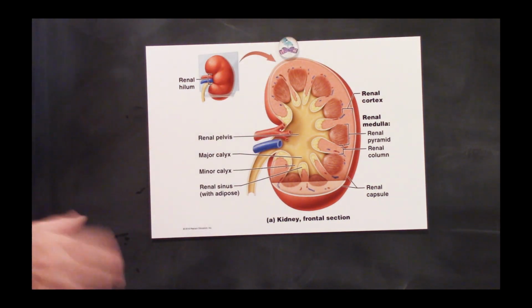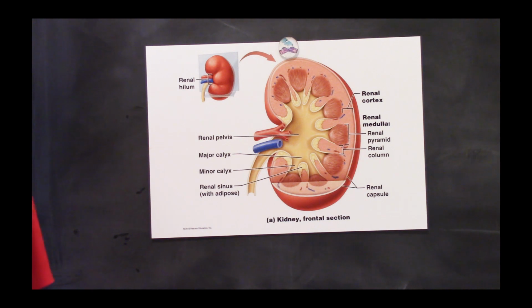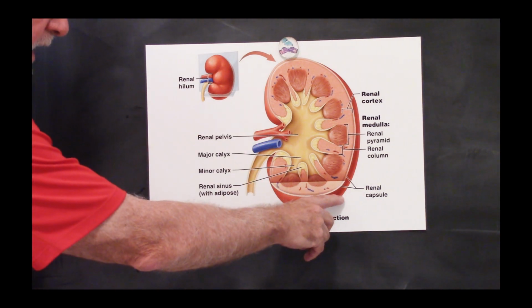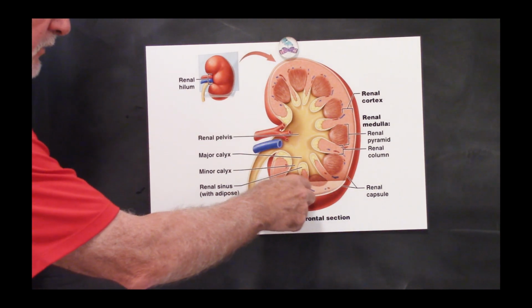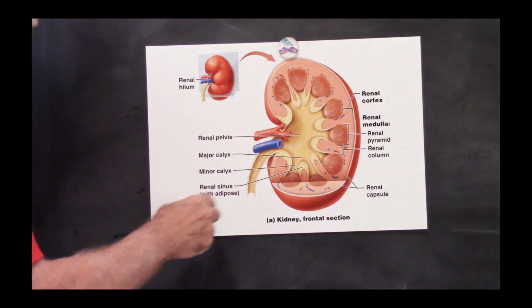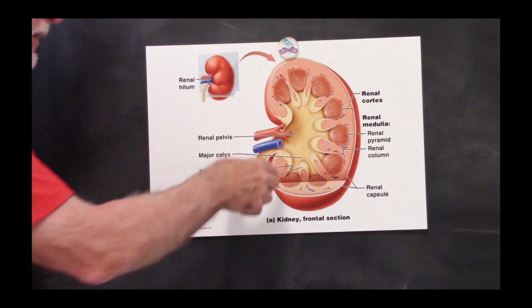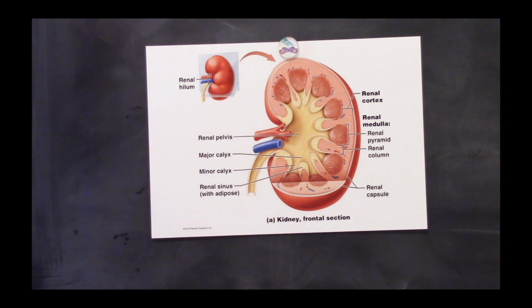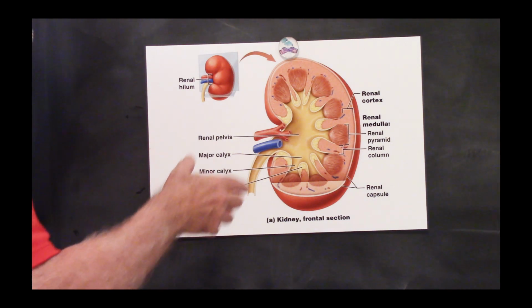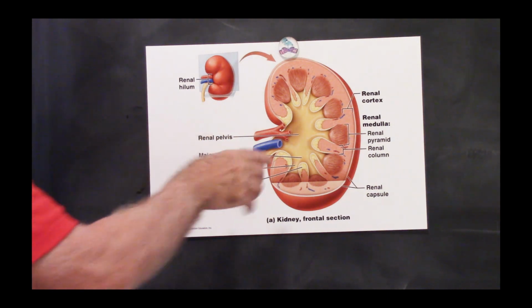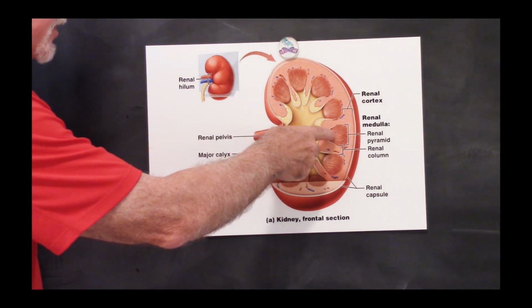So this is a look at a sagittal section of the kidney, reminiscent of the model we looked at. And this would be the renal capsule. And below the renal capsule would be the renal cortex. These triangular shaped structures here would be the renal pyramids that make up the renal medulla. And each renal pyramid has a tip of it known as the renal papilla.